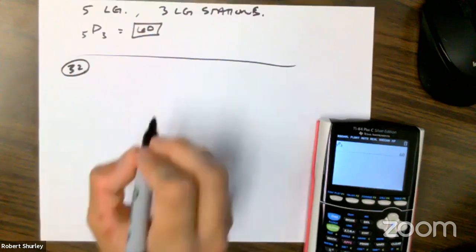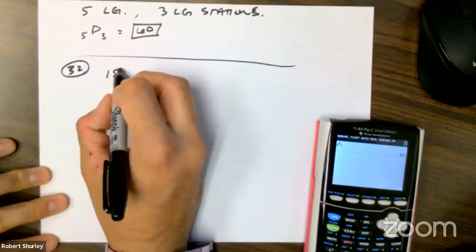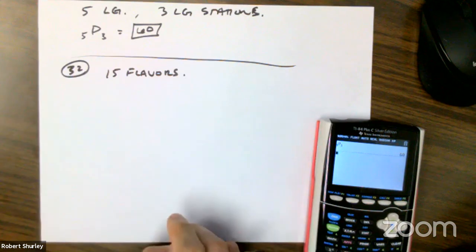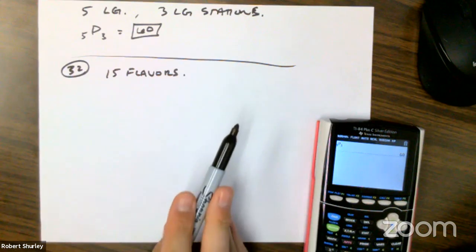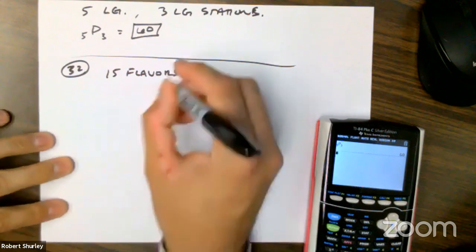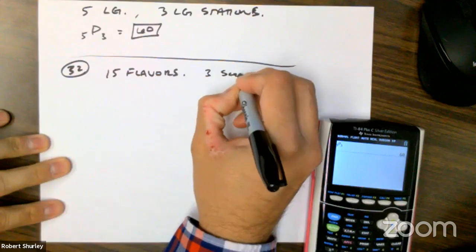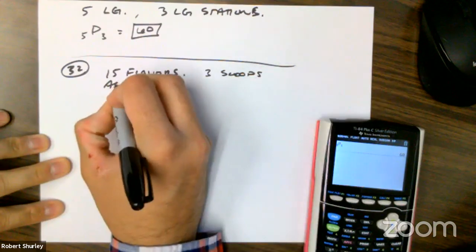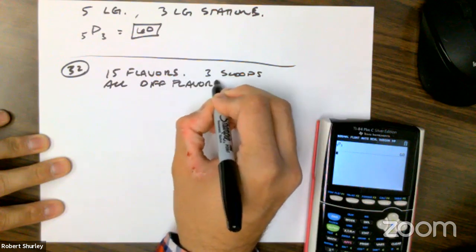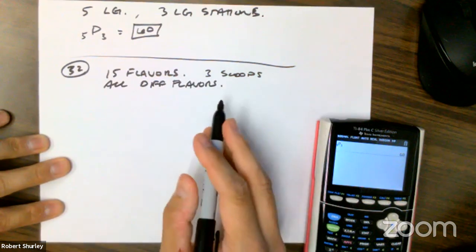It says a certain ice cream parlor has 15 flavors of ice cream. You want an ice cream cone with 3 scoops of ice cream, all different flavors.